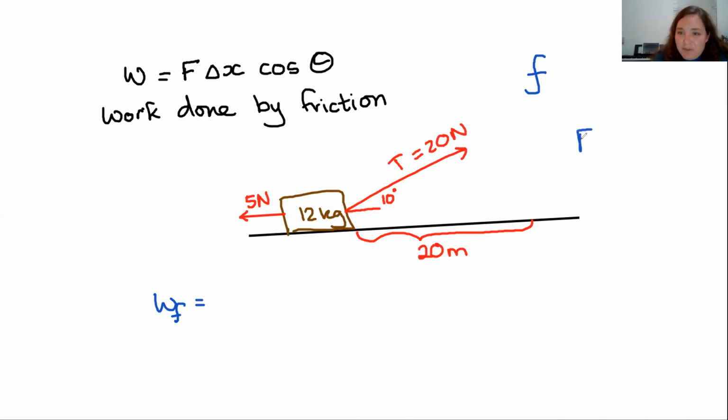I know that some of your schools have got you into habits of doing F friction or F frick, but I'm letting you know that the official exam memos will have an f like that for friction. So here I'm going to say the work done by friction is the frictional force, so I make that my fancy curly lowercase f, delta x cos theta.